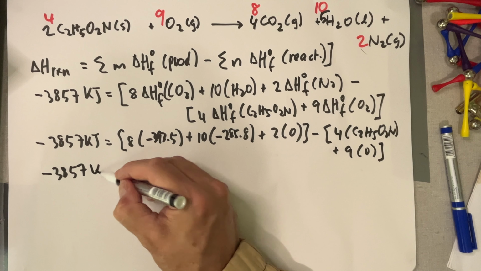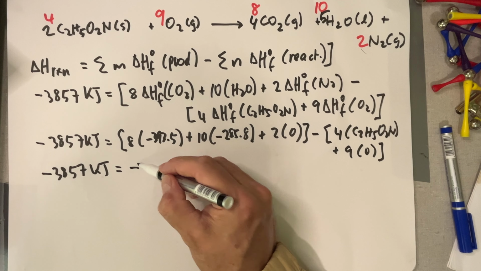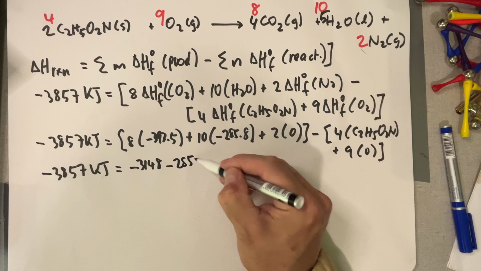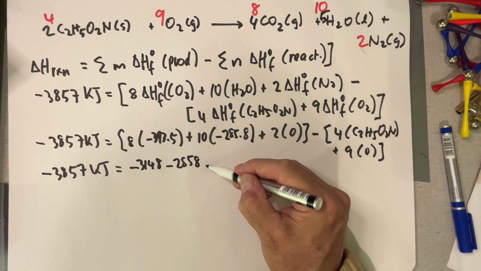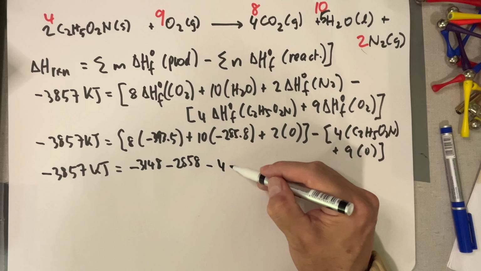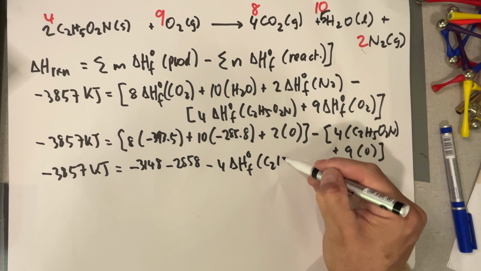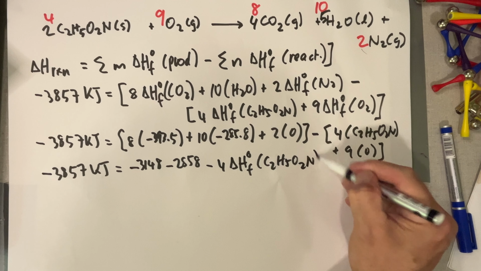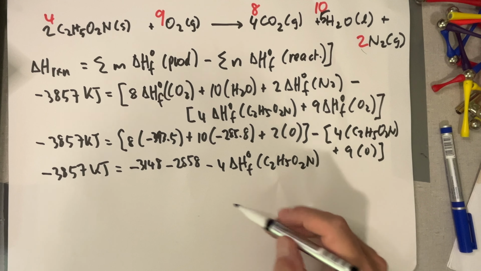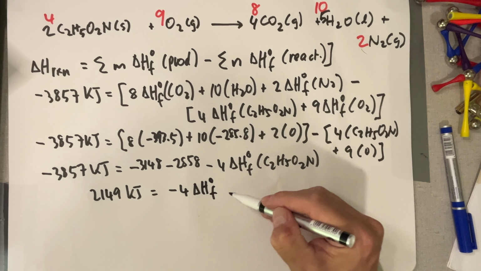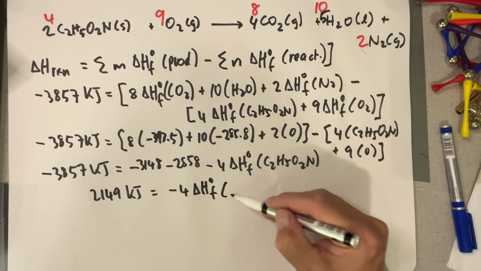So now we have negative 3857 kilojoule is equal to negative 3148 minus 2858 minus 4 for the glycine, and then 2149 kilojoule is equal to minus 4 delta HOF for the glycine.